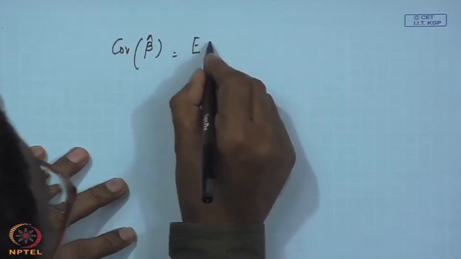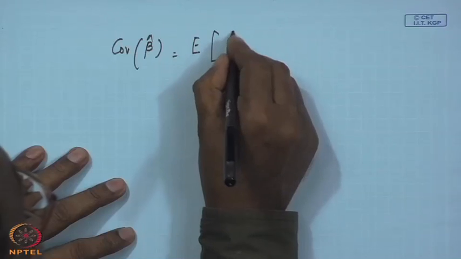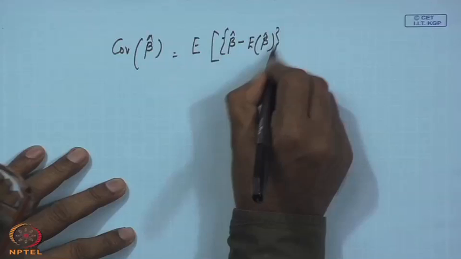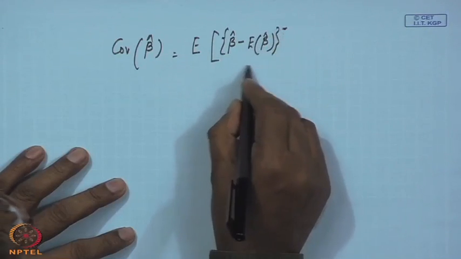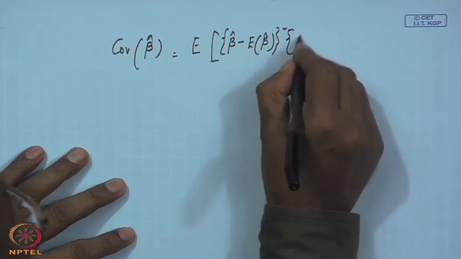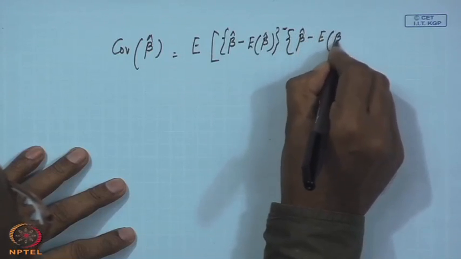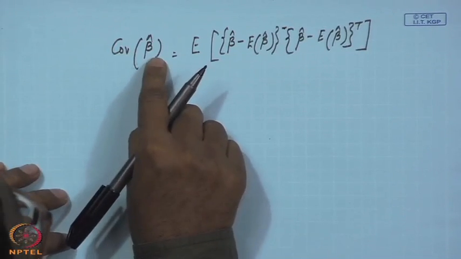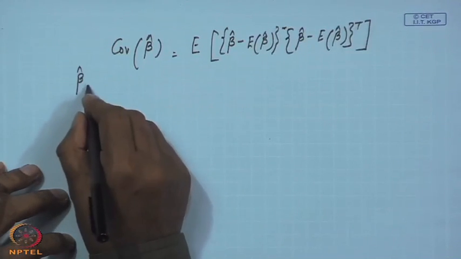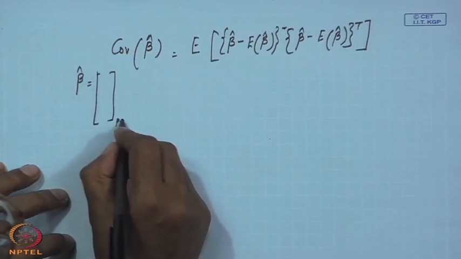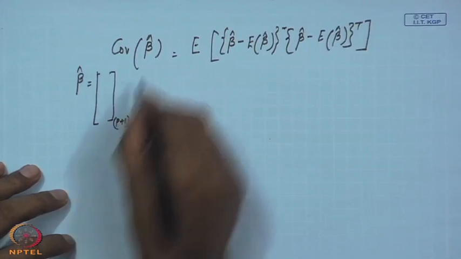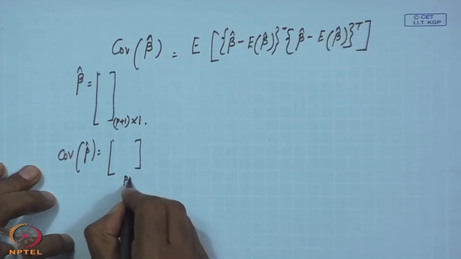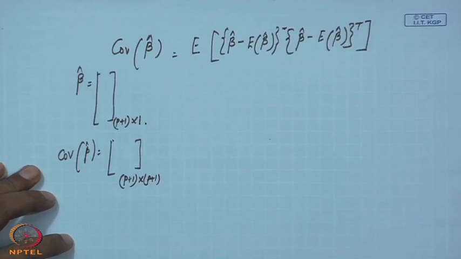This will be expected value of, all of you know that beta cap minus expected value of beta cap whole, into beta cap minus expected value of beta cap, this transpose, because covariance matrix of beta cap, as beta cap is a p plus 1 cross 1 vector, our covariance matrix of beta cap will be a matrix of p plus 1 cross p plus 1.